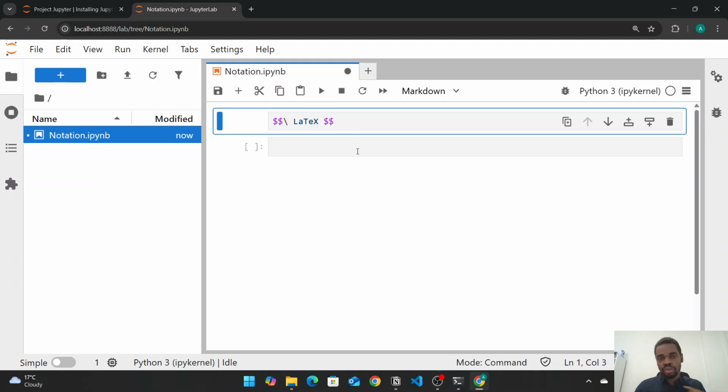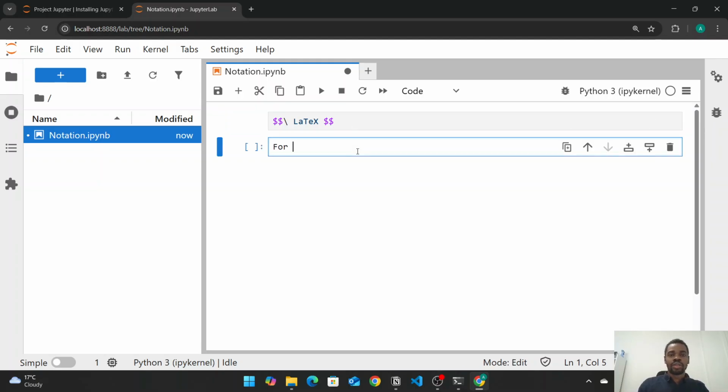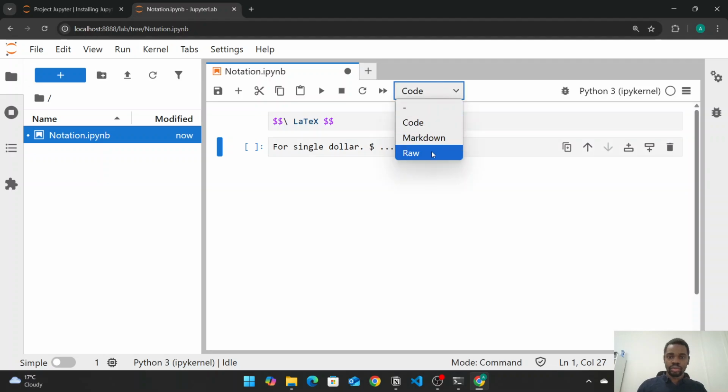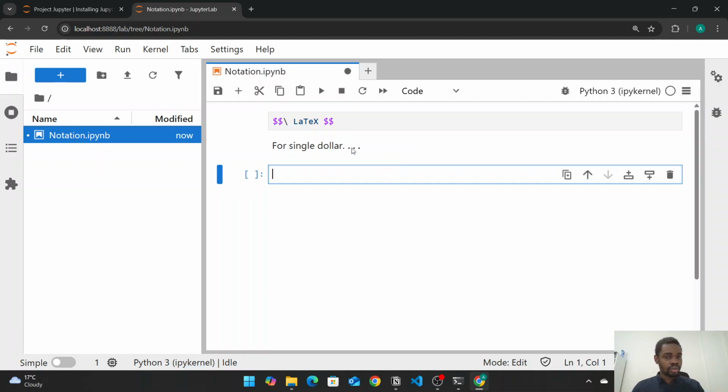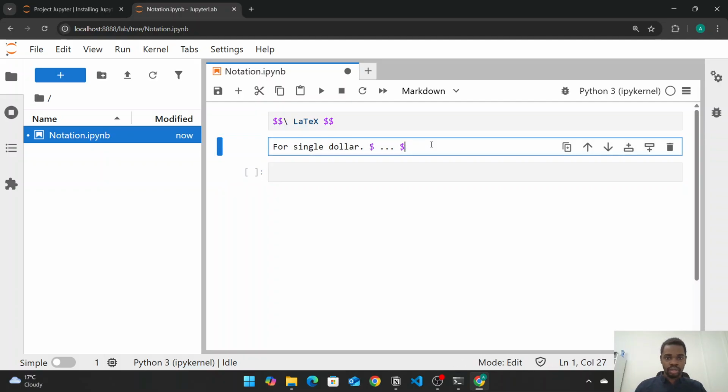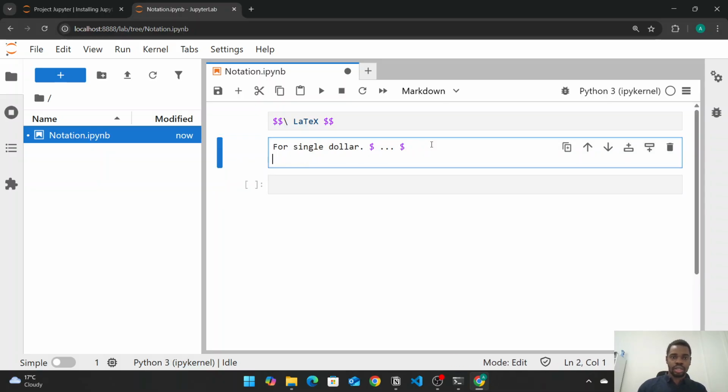So a single dollar sign represents inline equations. So I can say something like I want to put an equation within a line.